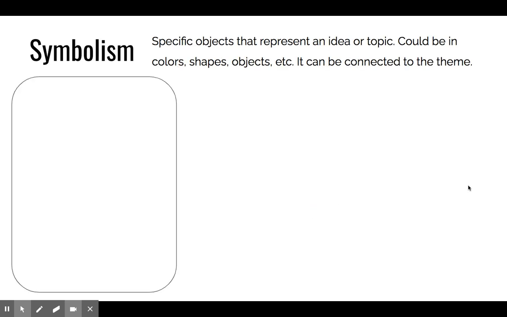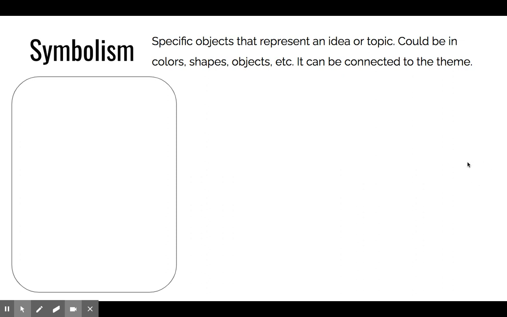Next, we have symbolism. This is all about representation. So specific objects are going to represent an idea or topic. So you're taking something that's very concrete and tangible, and you're representing something that's more abstract and philosophical, if you will.